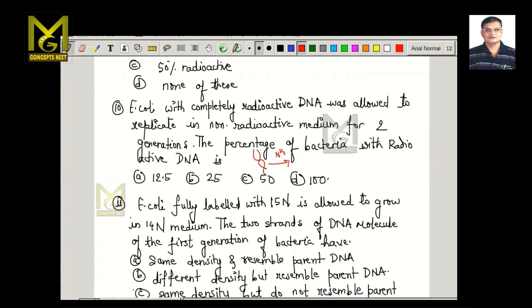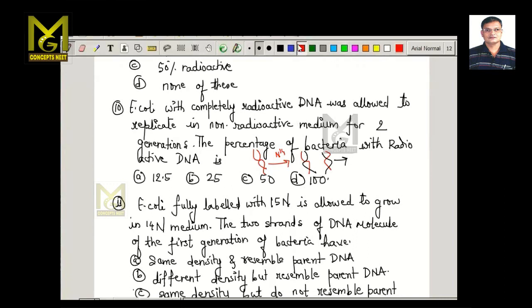Now what will happen in this case? One strand will separate, the second strand will separate, and we get this type. So this is the old strand and this is the new strand. This is the new strand, this is the old strand. So this is the first generation. Now what happens in the second generation?